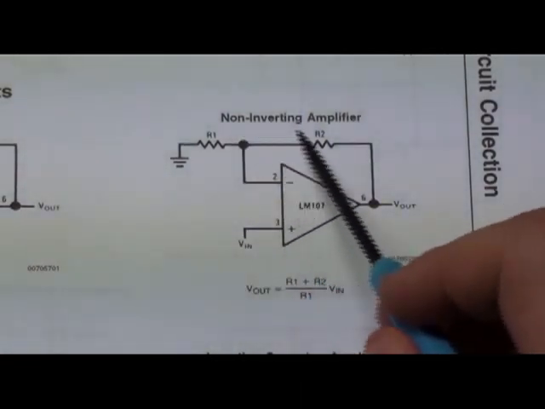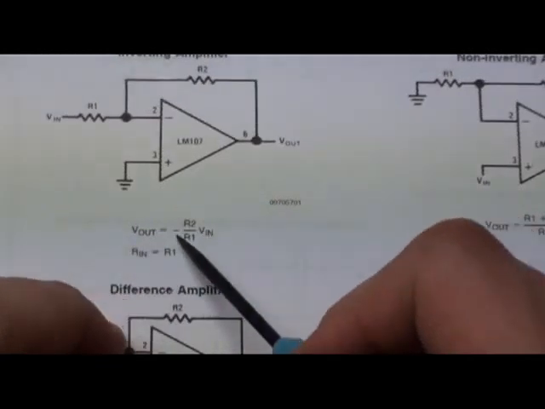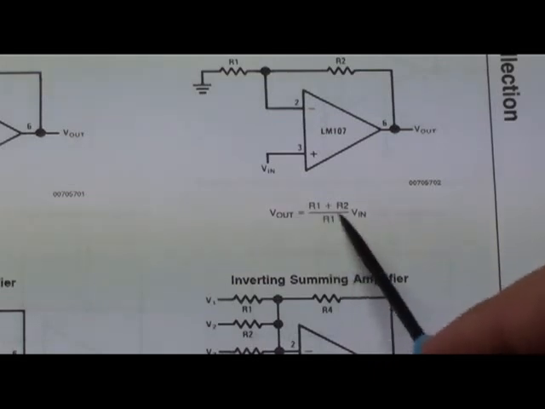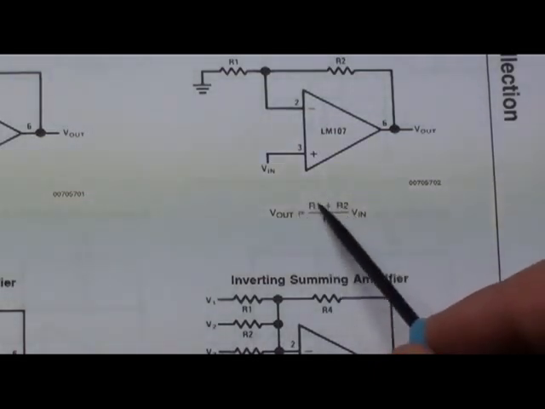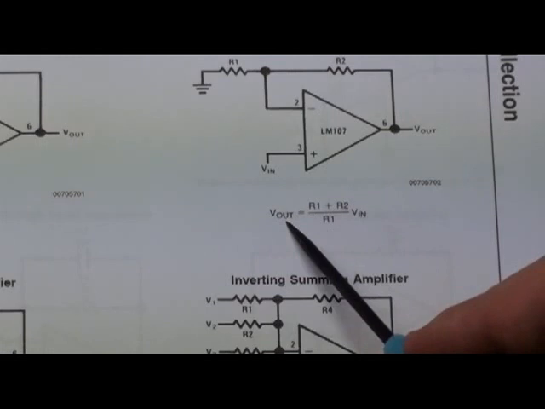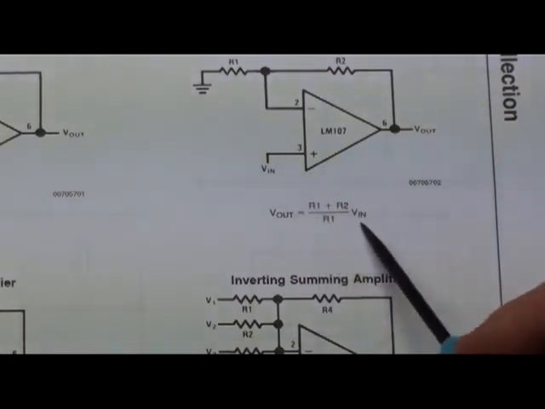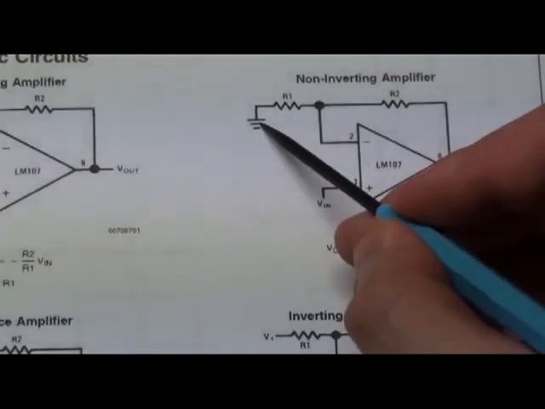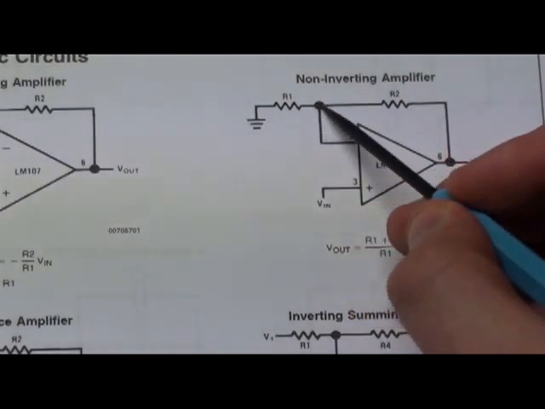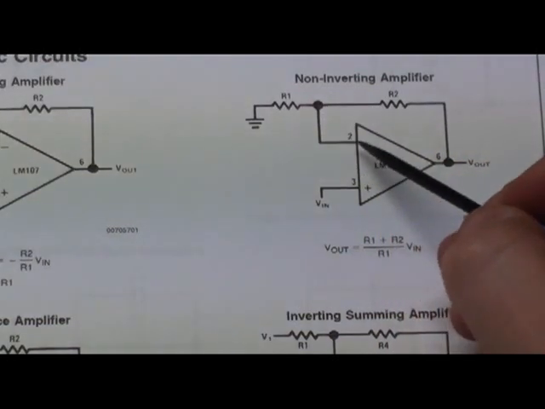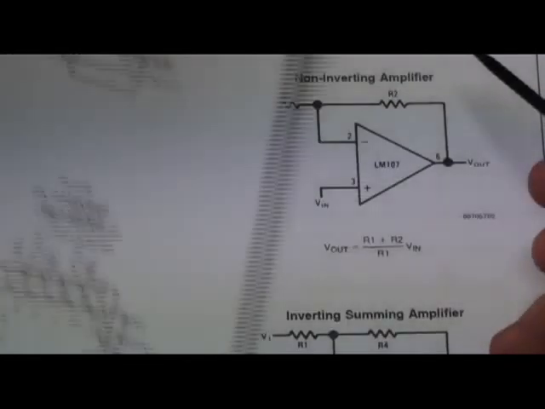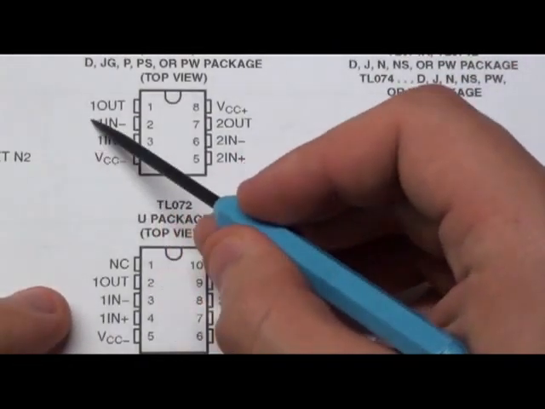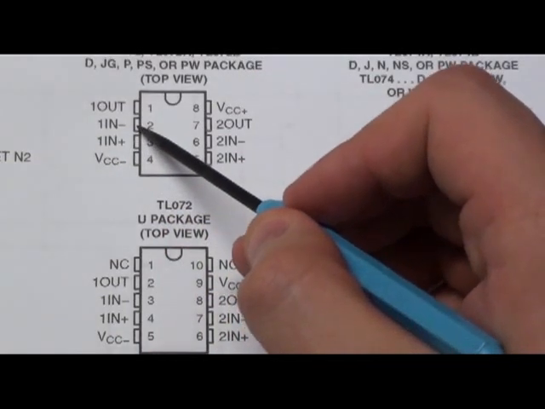Now a non-inverting amplifier. What that means is this minus that was over here is gone. It changes the gain equation slightly, so you may have to fiddle with the resistor values to get the one you want, but there's still some factor times V in equals V out. Same deal: we go from ground through a resistor into the minus, pin 2.